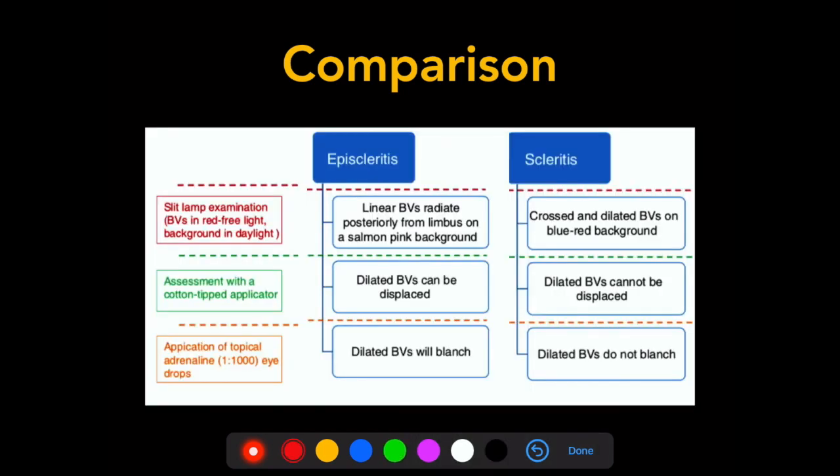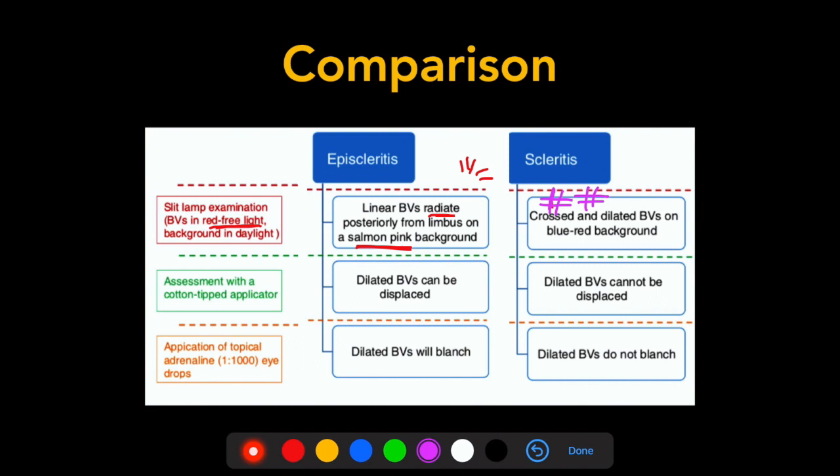Now, just to revise everything quickly, in a red-free light, you can see episcleritis as a salmon pink appearance, which is radiating like this, whereas scleritis will be crossed, and they have this violaceous hue.